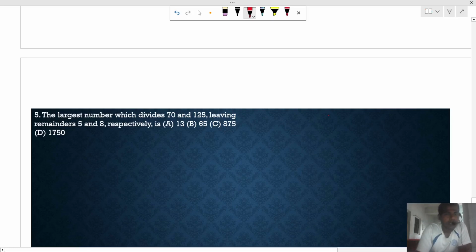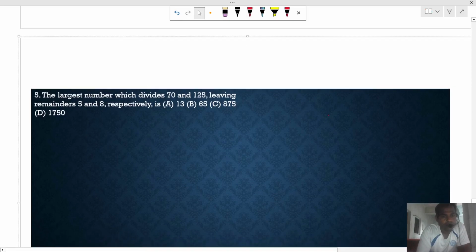Okay, next, this question: the largest number which divides 17 and 125, leaving remainder 5 and 8. Leaving remainder, he is asking.